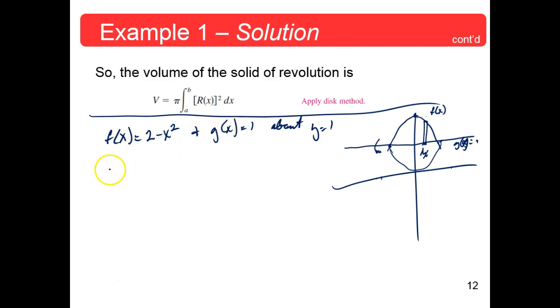So your radius here, I'm going to call it r of x because that's what they were calling it before, would be 2 minus x squared minus 1, which if you carry that out, that would be 1 minus x squared. So there's the radius function. Now I think we're ready to go on it. What's our integral?